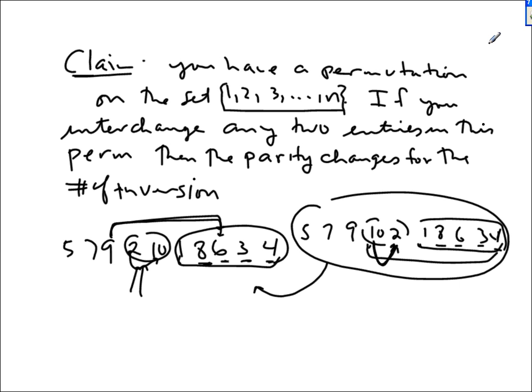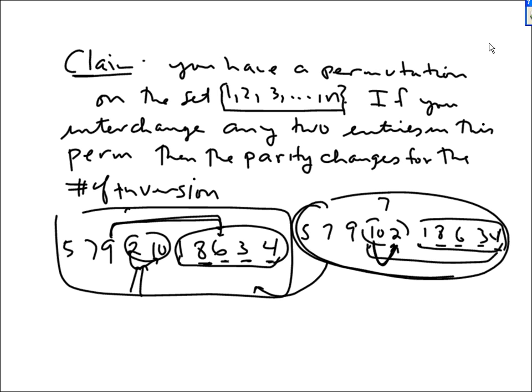So the number of inversions went down 1. If this had 11 inversions for these, well, it can't have 11. There's only 10 numbers. But that's a whole other story. If this whole thing had 7 inversions, then this over here will only have 6 because we no longer have the inversion from 2 to 10.